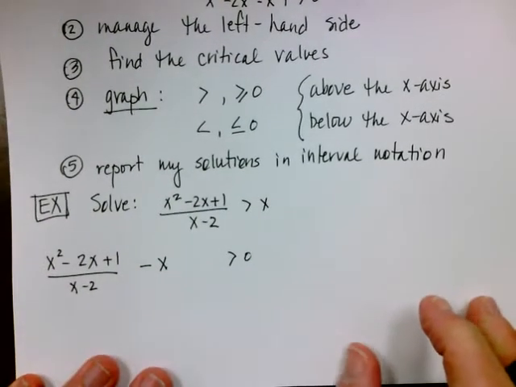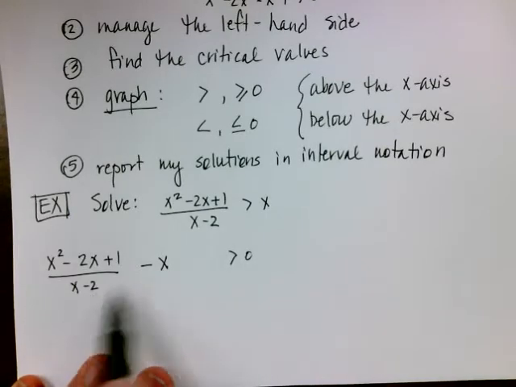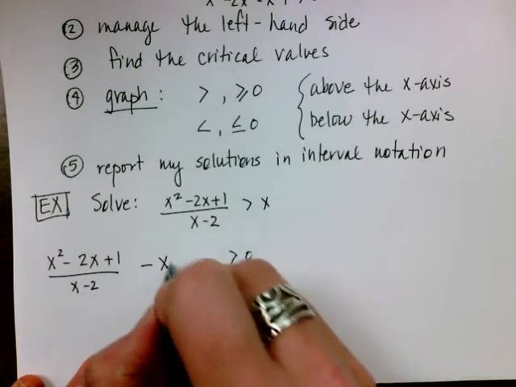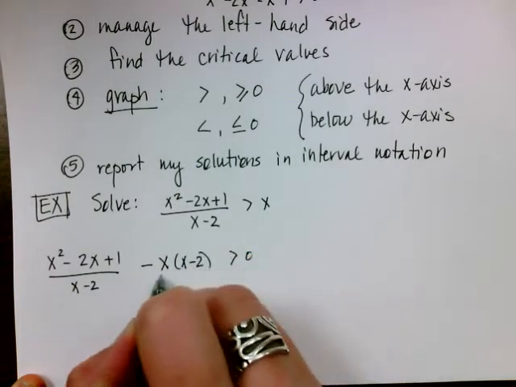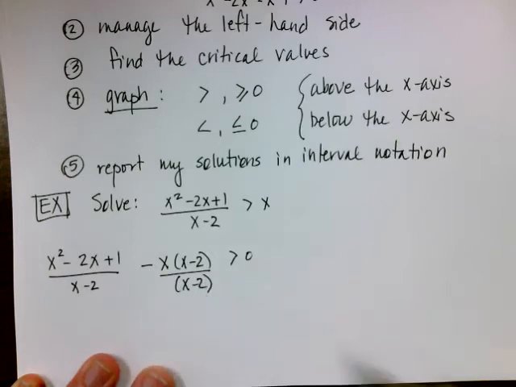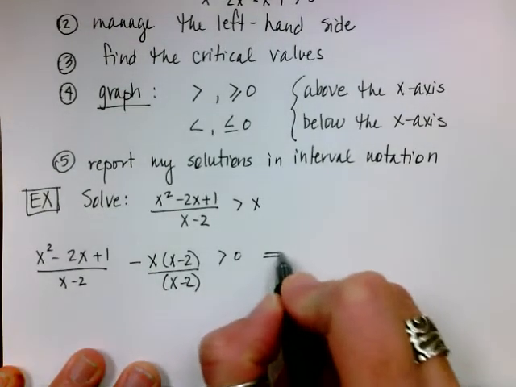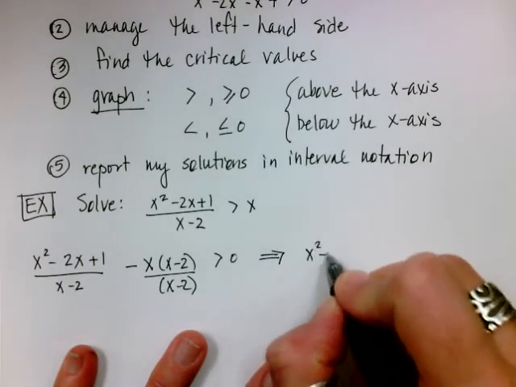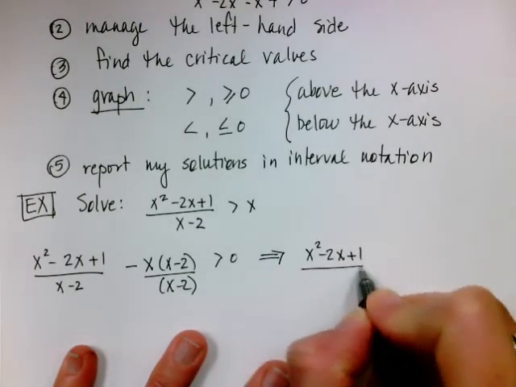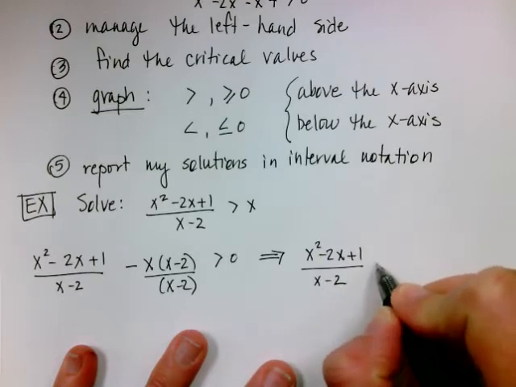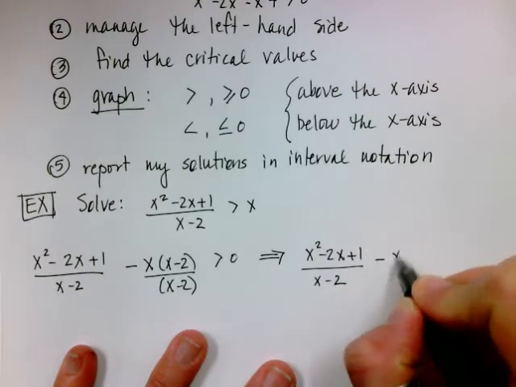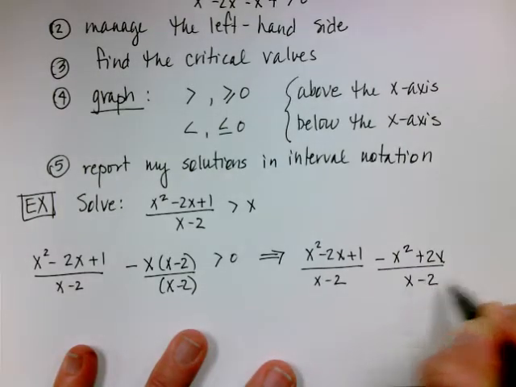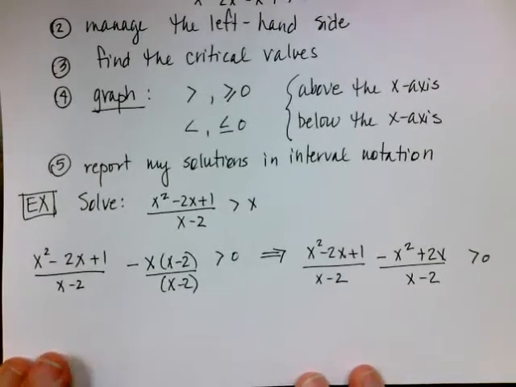And I left a little bit of space because I'm going to have some math to do. I need to put these two expressions together. My lowest common denominator is x minus 2, so I'm going to multiply this fraction by x minus 2 over x minus 2. So if I do that, then here's the first fraction, minus 2x plus 1 over x minus 2, and I'm going to subtract x squared plus 2x, I distributed, over x minus 2, and then there's my greater than 0.